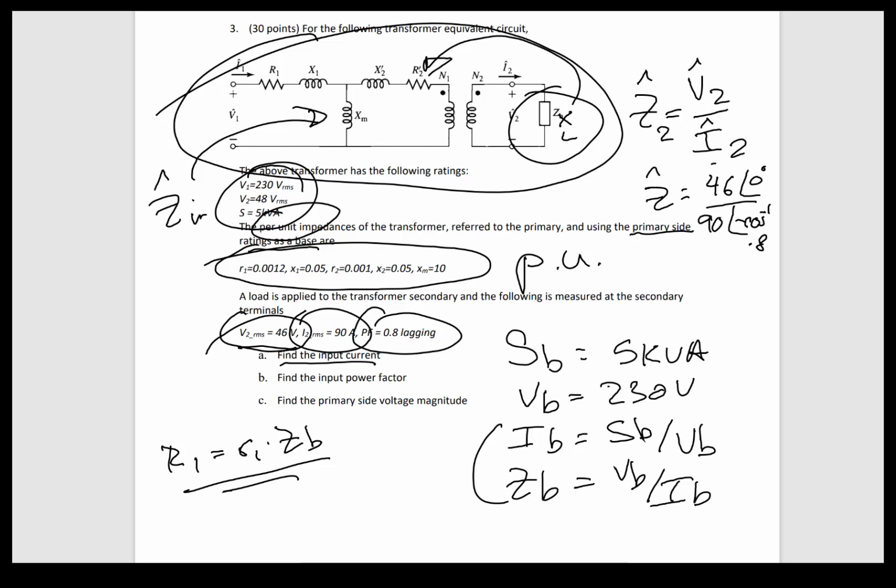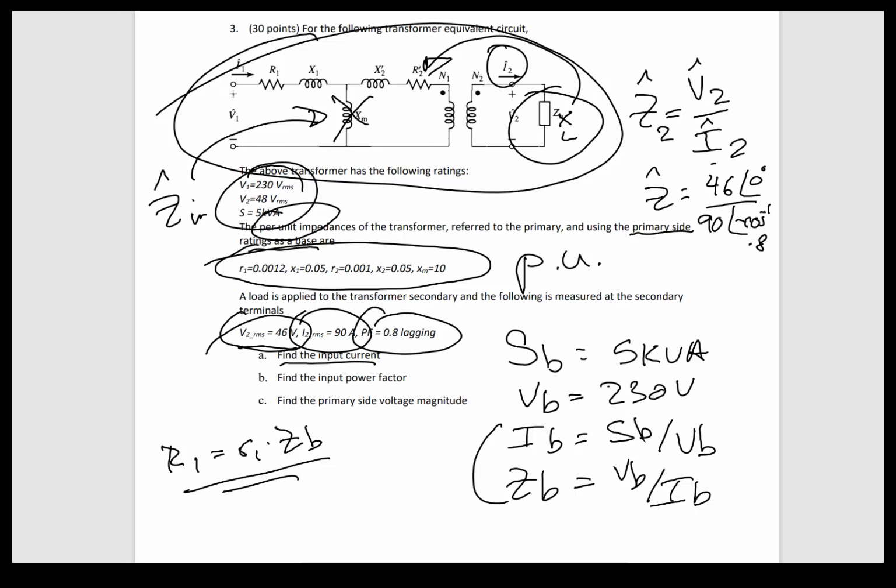Okay? Now, some people, and maybe it was a time issue, ignored this, and they were actually able to work the problem out quickly because they solved the current on the secondary side and transformed it to the primary side, and they got close to the right answer. So I gave those people a few more points, and I wrote a little comment like good insight, but that's not the right answer.